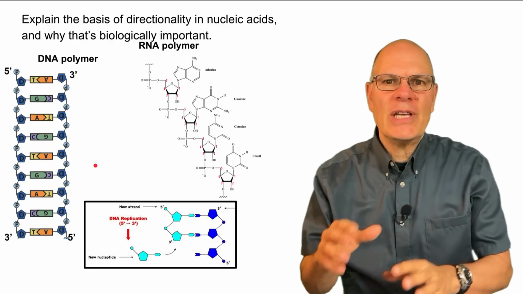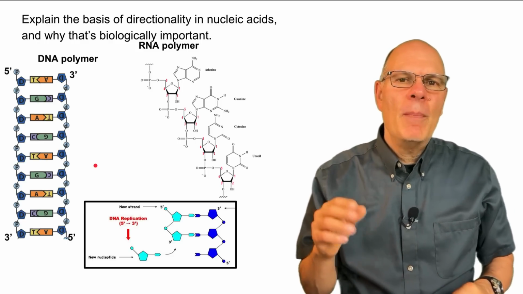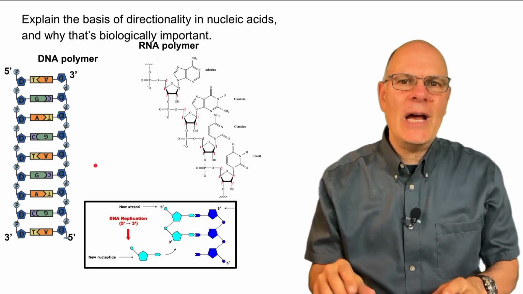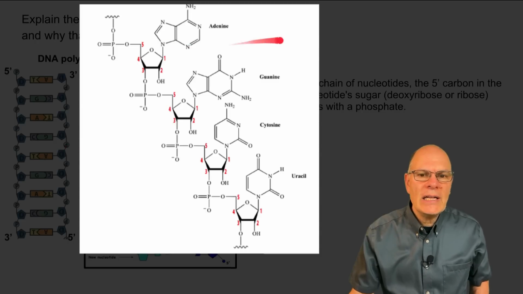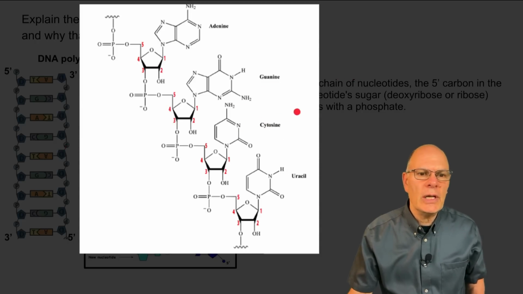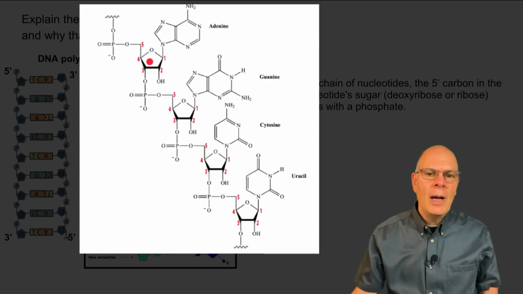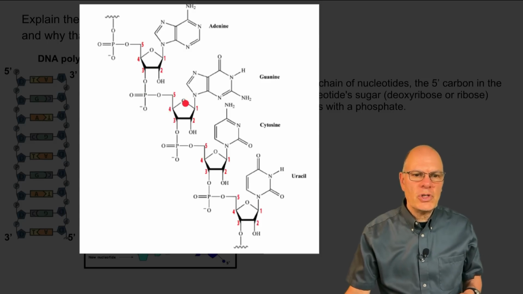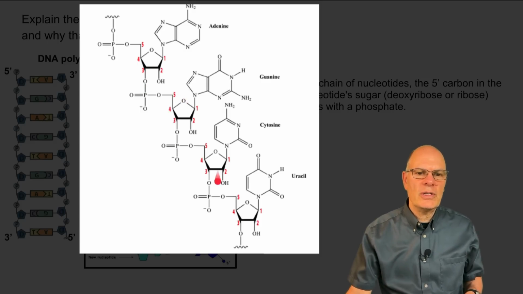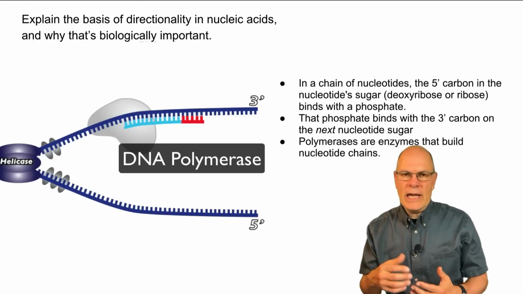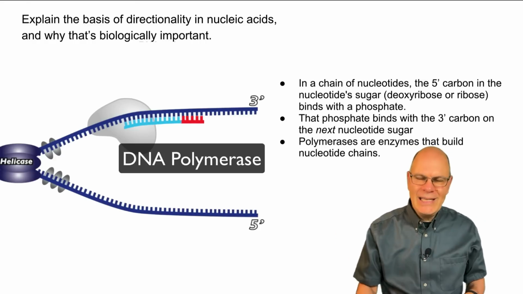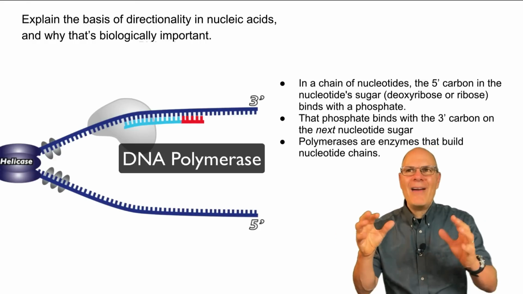We'll talk about this again more in Unit 6, but just to lay this down for right now, DNA is directional. Notice that in a chain of nucleotides, these are RNA nucleotides, you can tell because there's uracil. The nucleotide sugar binds with a phosphate, and then there's a sugar, there's a phosphate, there's a sugar, there's a phosphate. Well, the enzymes that build DNA, it's called DNA polymerase, and these enzymes, like all enzymes, have an active site.